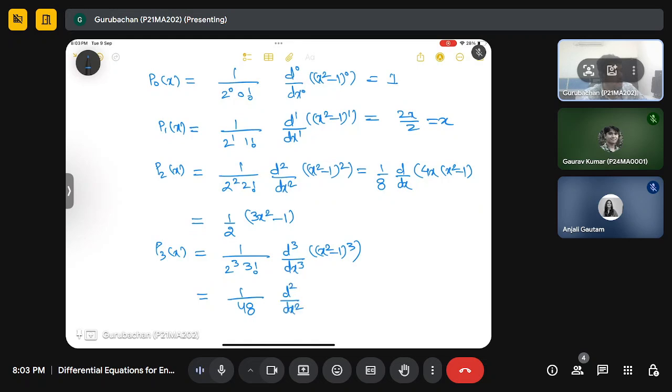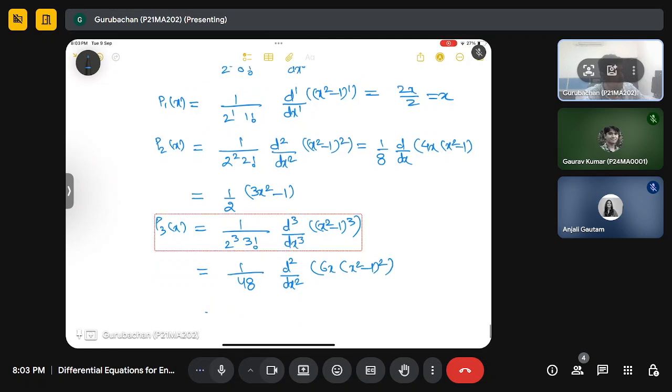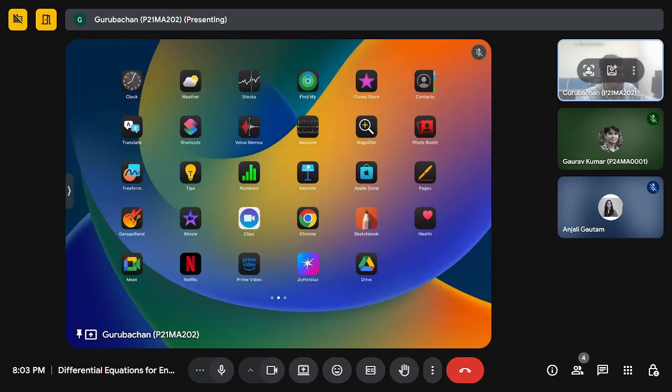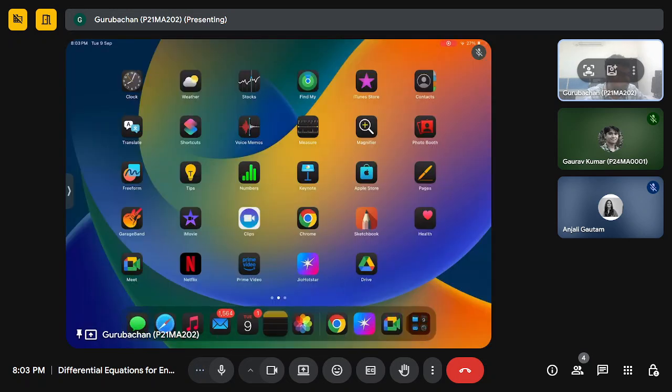If you do one time derivative, you will get 3 (x square minus 1) whole square, and derivative of x square will be 2x. So it will be 6x (x square minus 1) whole square. Now if you differentiate it again, this will be 1 by 8. Oh, sorry.